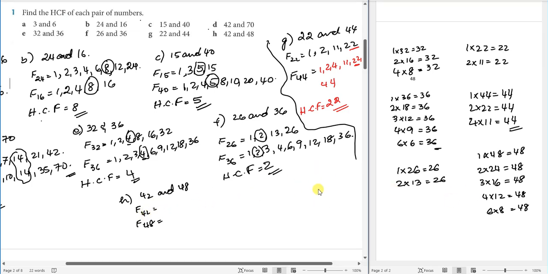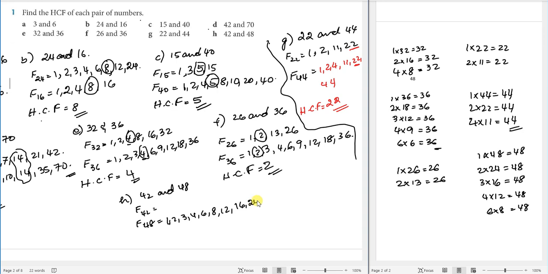Okay, so we have already done the factors of 48. So it's 1, 2, 3, 4, 6, 8, 12, 16, 24 and 48. And for 42, 1 times 42 is equal to 42.